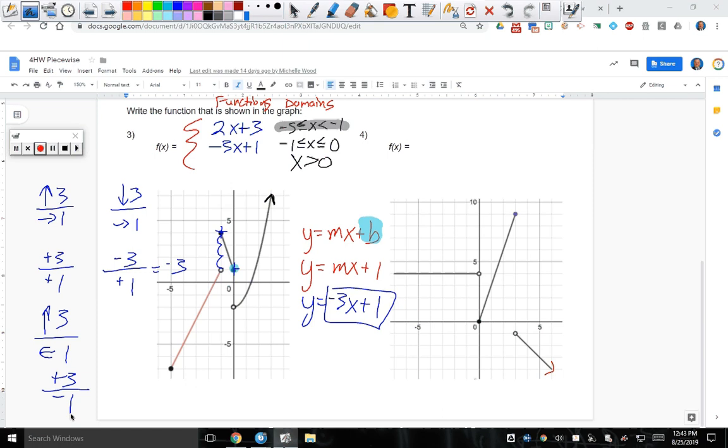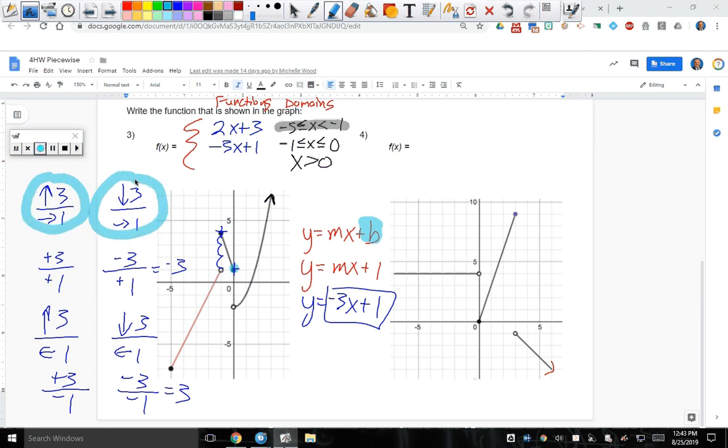And last but not least, if it would have been down 3 and to the left 1, down is negative and to the left is negative, which would simplify to a +3. I just wanted to give you little quick tidbits as far as how you could interpret that so that you could get your positives and negatives correct on those slopes.